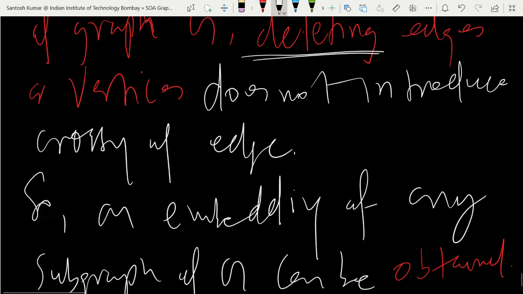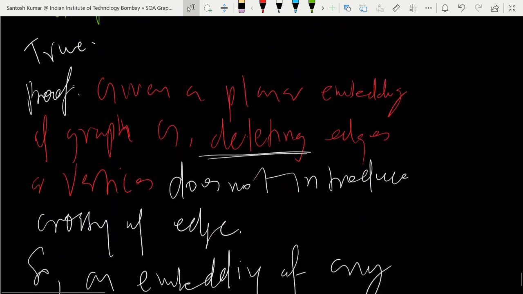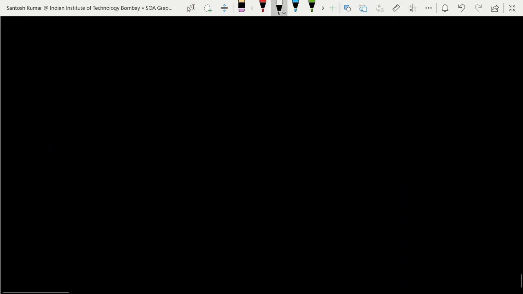So every subgraph of a planar graph is going to be planar only. You know why? Because to get the subgraph, we have to remove edges, not add.